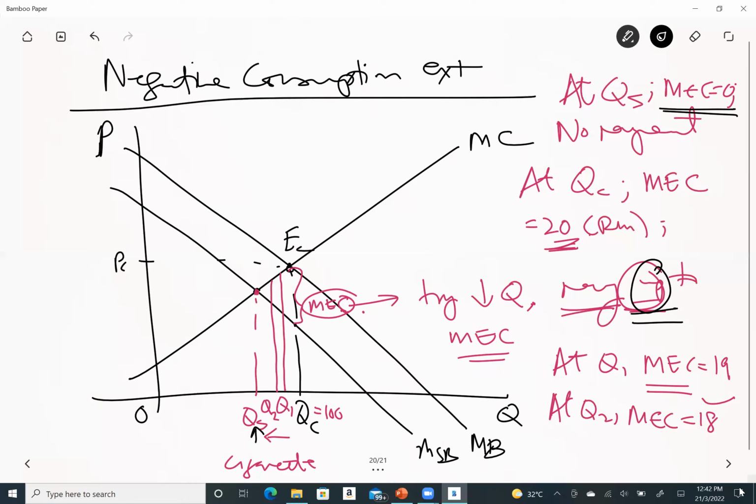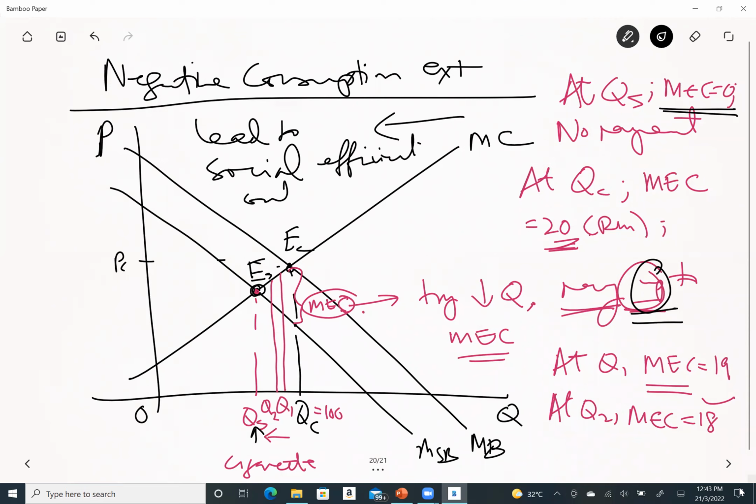That bargaining will lead to ES, the social efficient outcome.